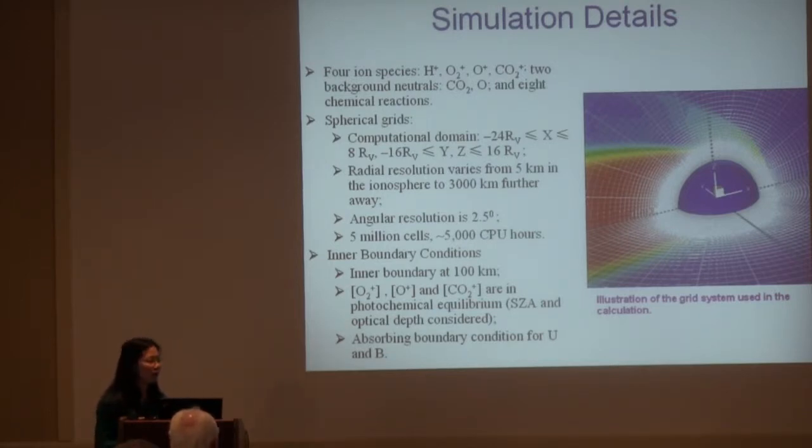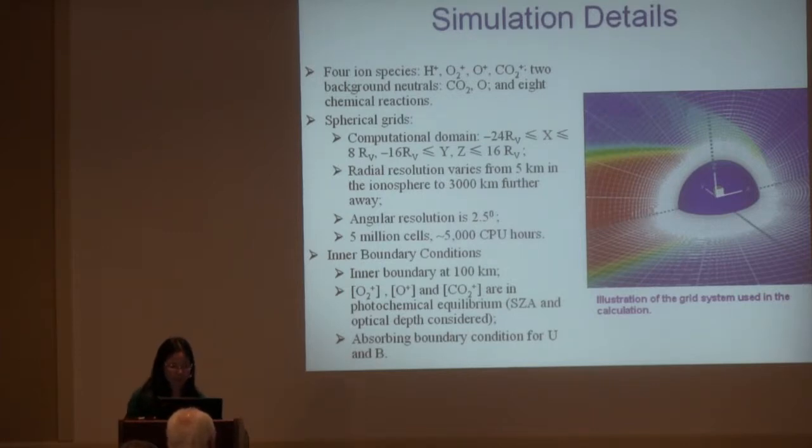So we need very high resolution in the ionosphere, and preferably we want this resolution to be comparable to the neutral scale height. In the case of Venus, this resolution is about 5 kilometers in the ionosphere. Of course, this grid will get coarser as you move away from the obstacle. And we choose the angular resolution, in this case, to be a constant value.